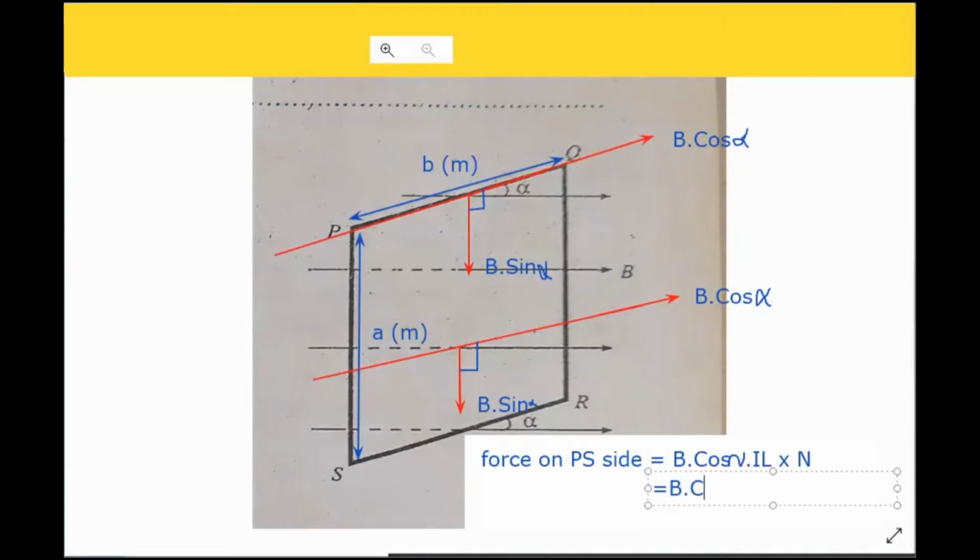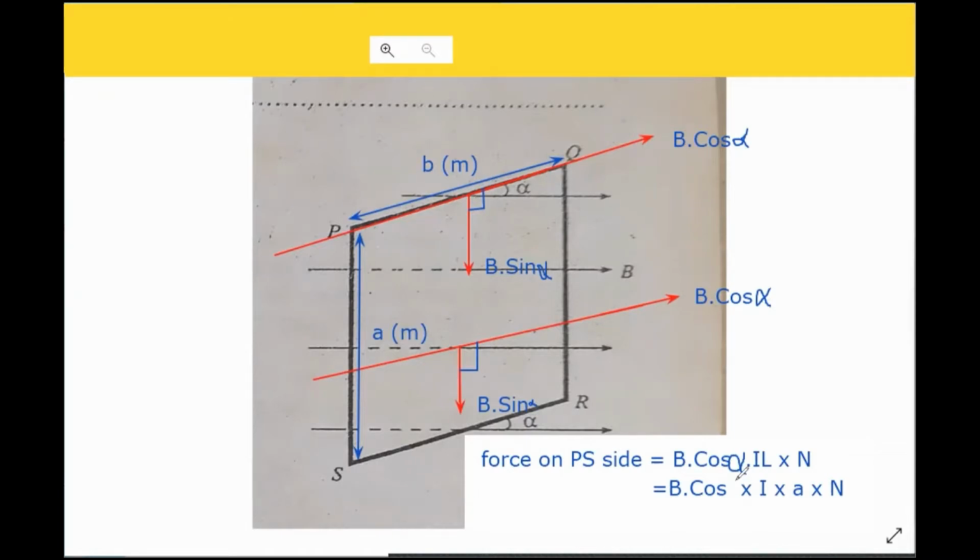B cos alpha into I into L. L is simple A into number of turns capital N. So this is the correct answer. Check there.